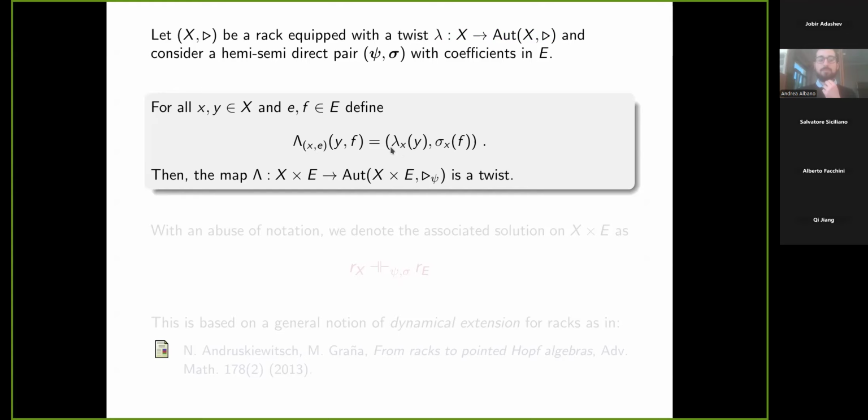Lambda_{X,E} acts on (Y,F) as, in the first component, lambda_{X,Y}, and in the second component, sigma_{X,F}.